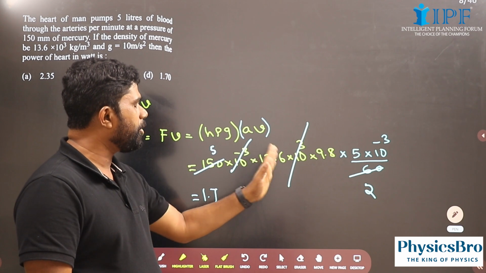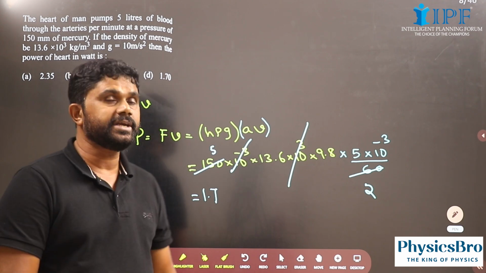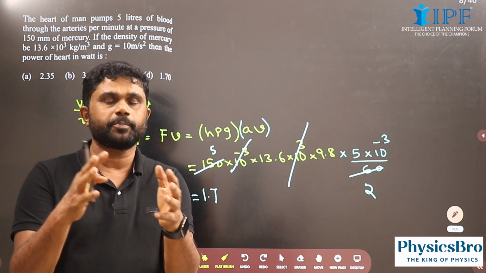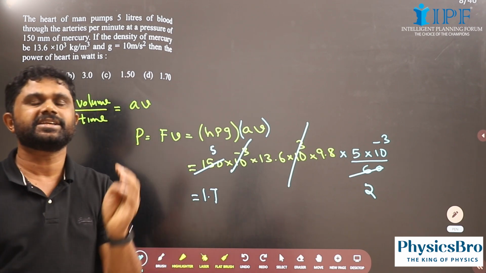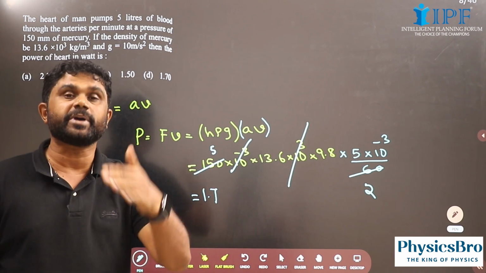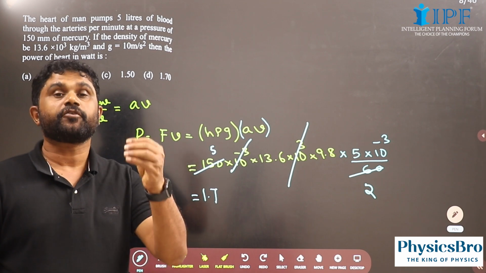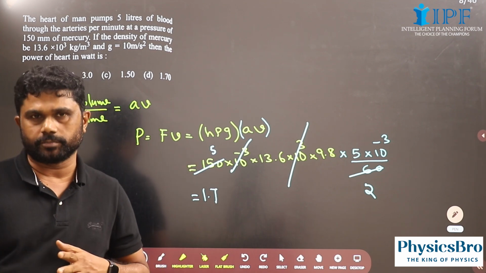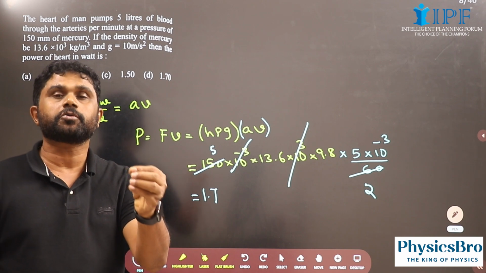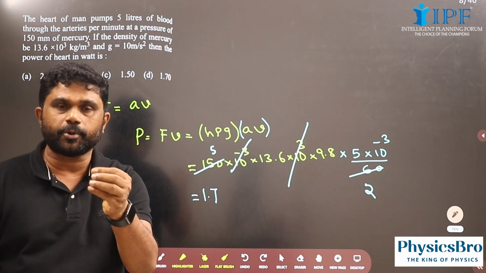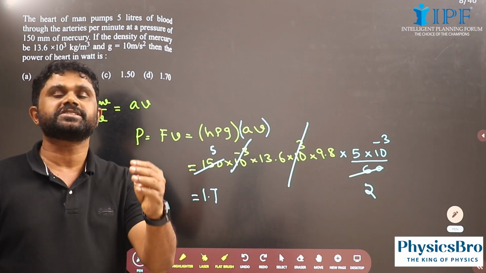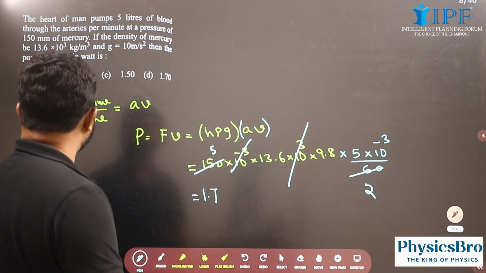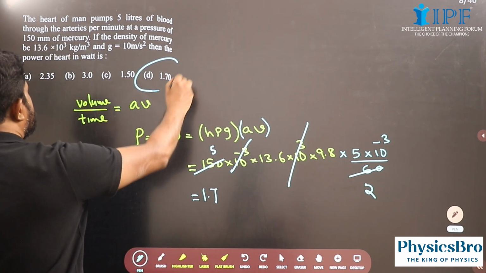So 13.6 divided by 8, approximately 14 by 8. 14 by 8 will be equal to 7 divided by 4, that is 3.5 by 2, and it is equal to 1.75 approximately, and here we have 1.7 as the answer.